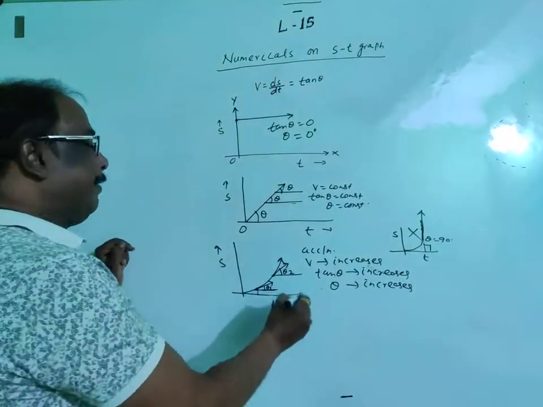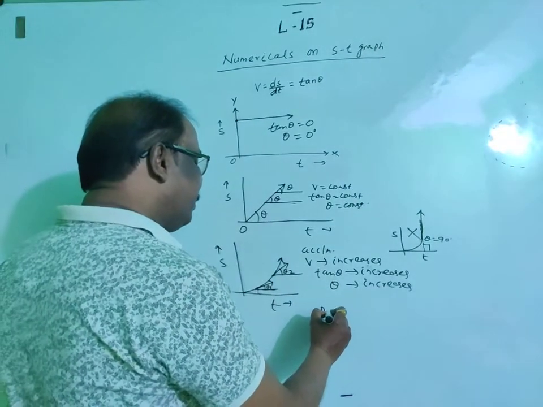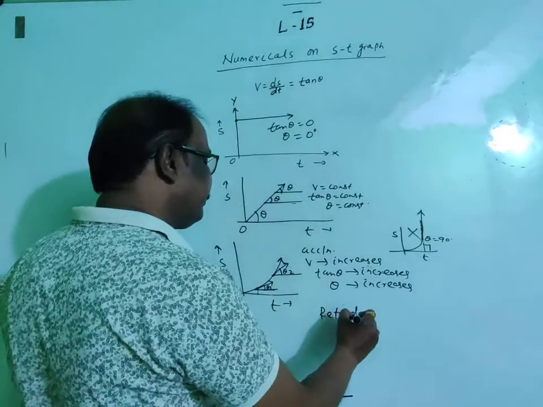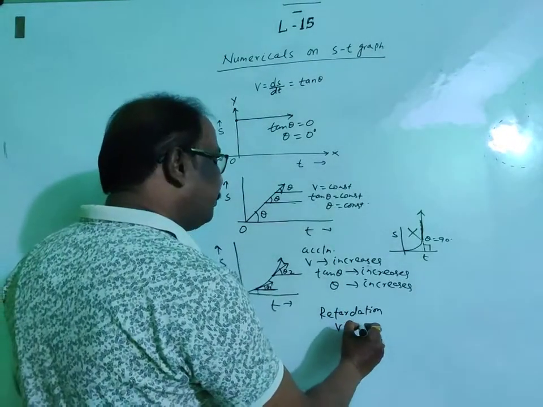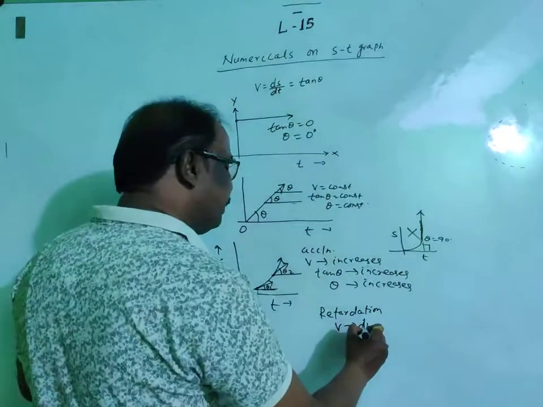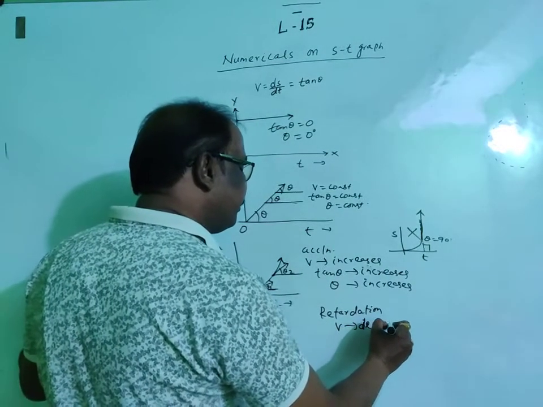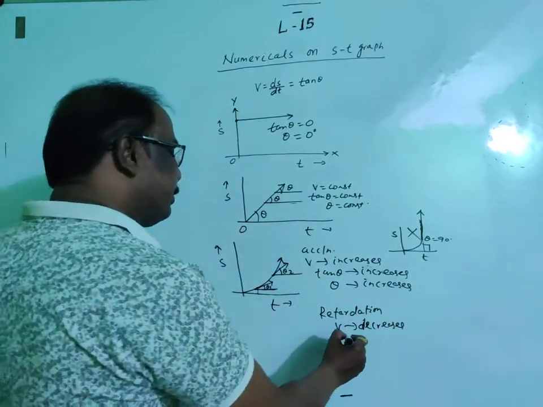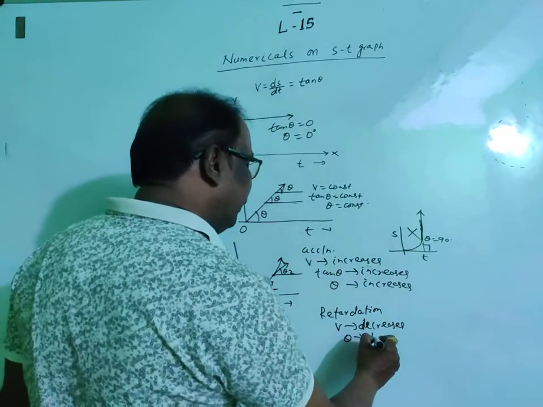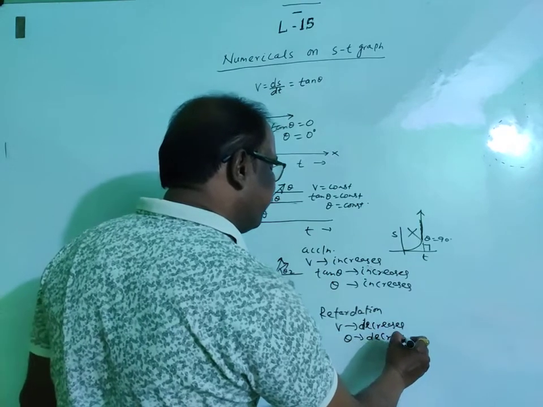Then a body moving with retardation. In retarded motion, the magnitude of velocity decreases, tan theta decreases, and theta also decreases.